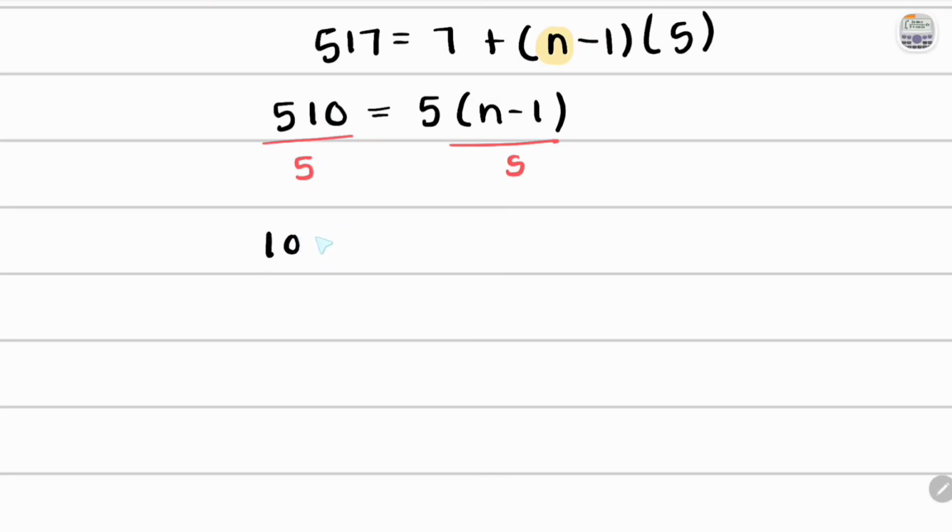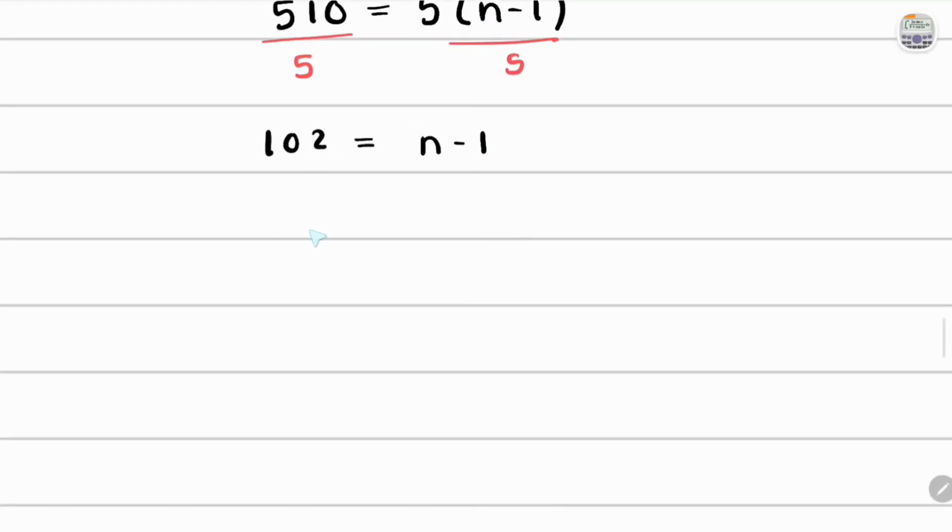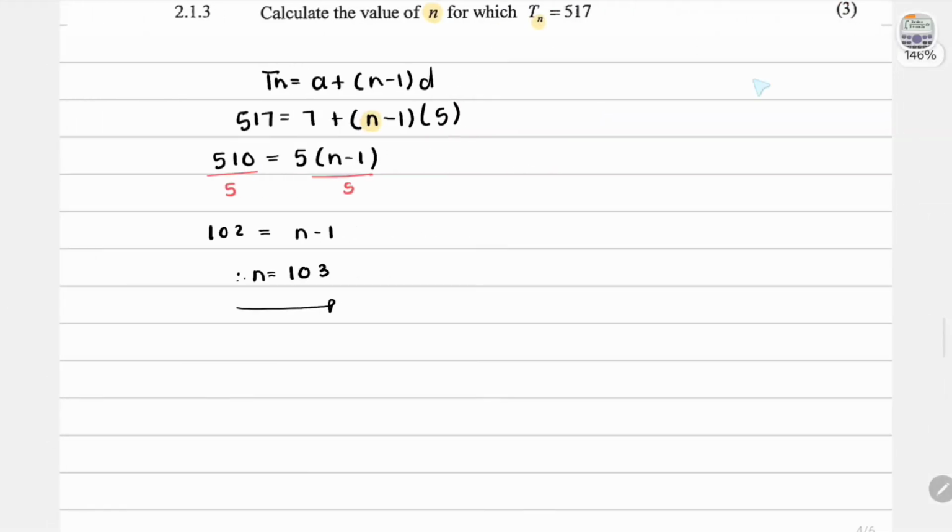So 102 is equal to, and those cancel, and now we have n minus 1. Then we can take this negative 1 over, and it adds to this 102. So this means that n is equal to 103. That term 103 has a value of 517, and that is our answer.